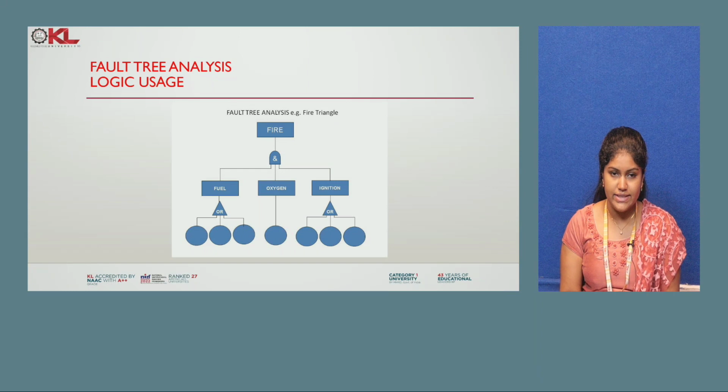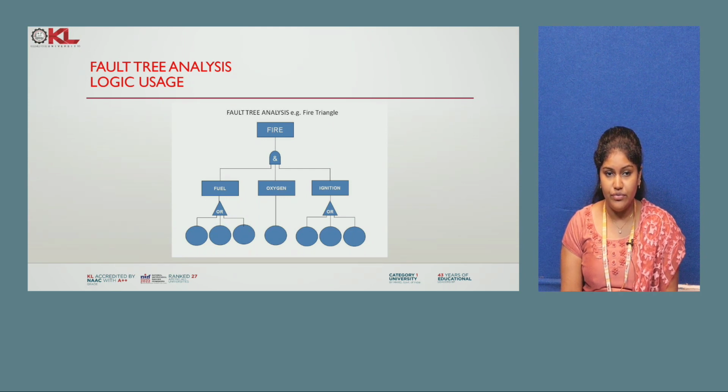So here we can see the fire is the input. The input is already there and we have provided an AND gate. So from the AND gate, output also exists. What is the output coming there? Fuel, oxygen and ignition are generated from the fire.